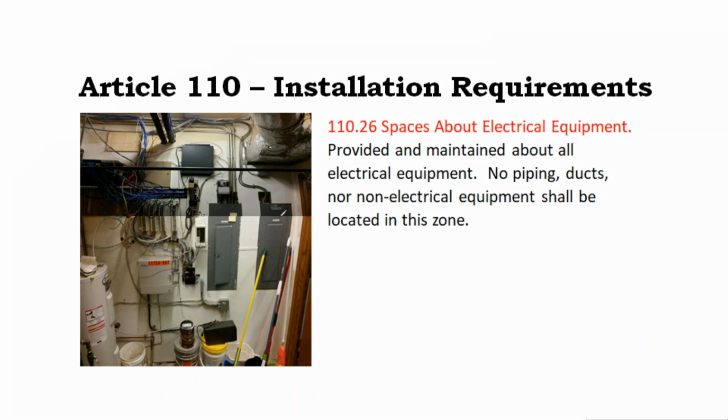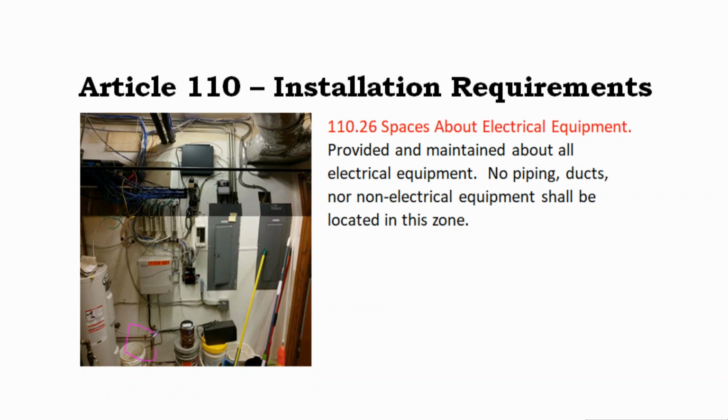So this is Half Moon's electrical room, and this air conditioning duct is right at the bare minimum of the reserved vertical space for your working space for electrical. So even your air conditioning ducts can't cross into your electrical space.